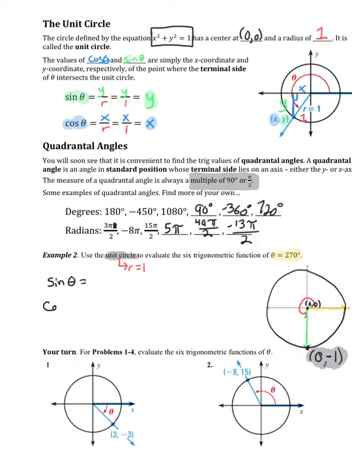There's sine of theta, there's cosine of theta, and there's tangent of theta. Those are 3 of them. And then there's cosecant of theta, there's secant of theta, and there's cotangent of theta.